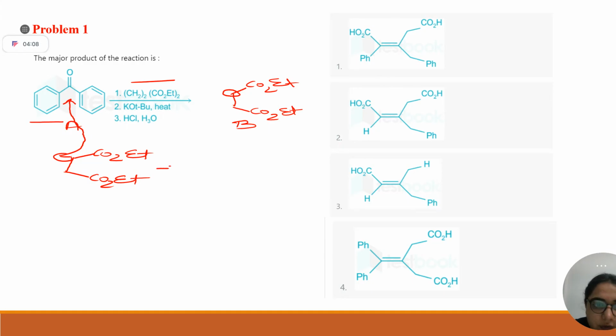So what do you get in the first step? O negative, Ph, Ph. If any step is unclear, please tell me. I will stop there, and you will join this intermediate, CO2Et.